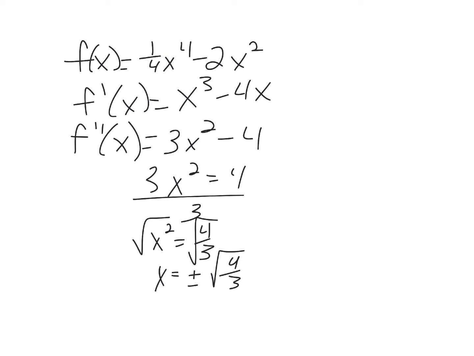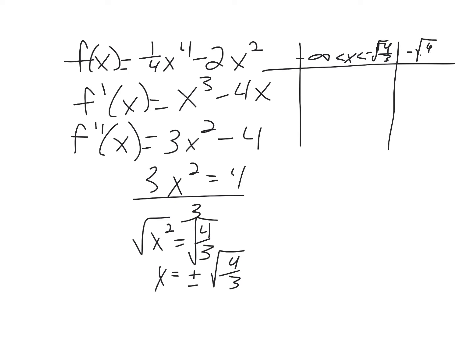So whenever we set these up, we have the intervals negative infinity to negative root 4 over 3. We're running low on space here, unfortunately.